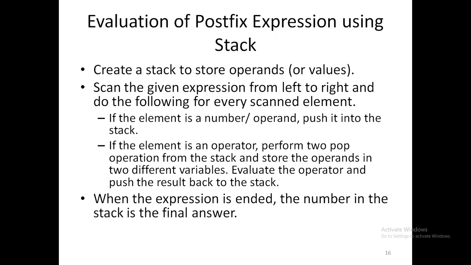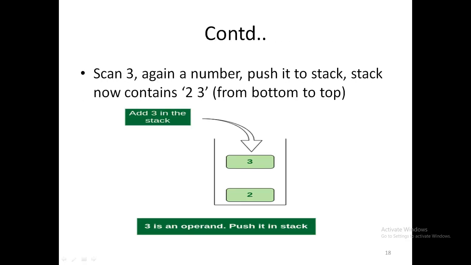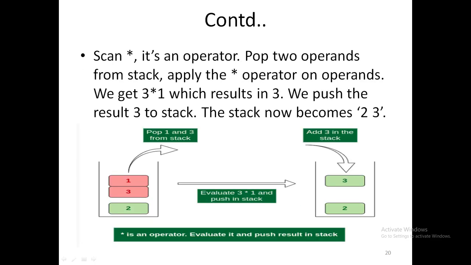If it is a binary operator, you need to pop 2 elements from the stack, evaluate them with the operator, and then push the result back into the stack. For example, 2 3 1 star plus 9 minus, you need to scan. 2 is inserted, then 3 is inserted, then 1 is inserted. After inserting 1 you have the star, so pop the 2 elements 1 and 3 and multiply, the value is 3, which is inserted into the stack.